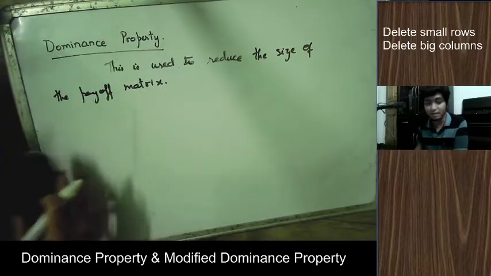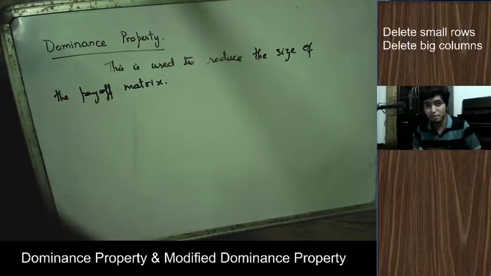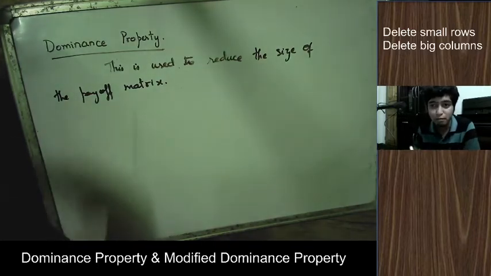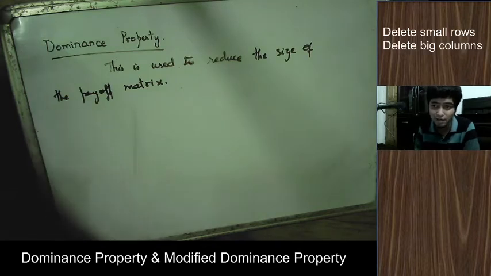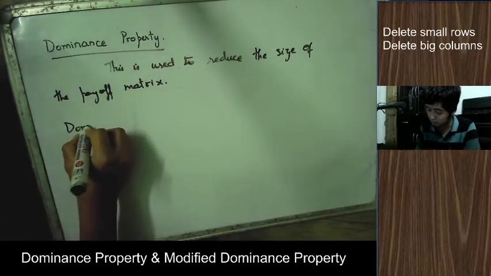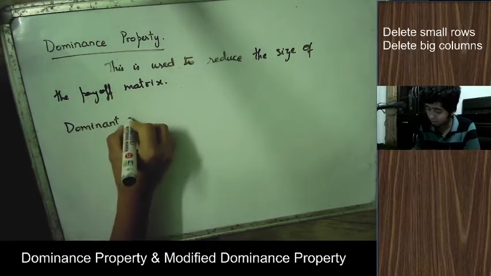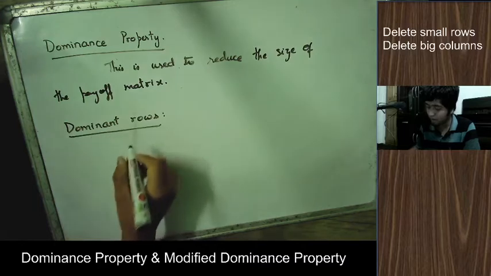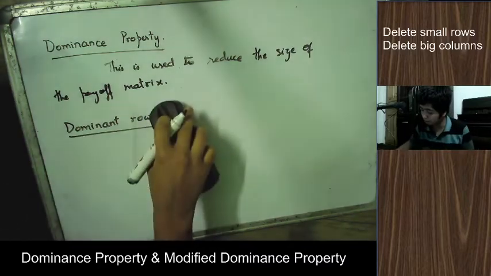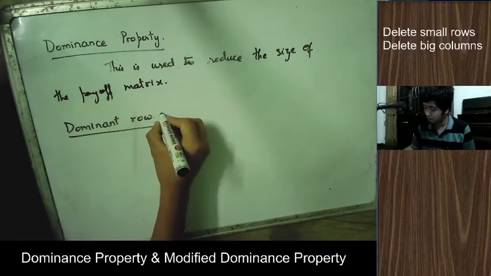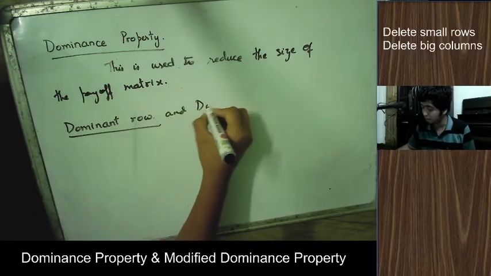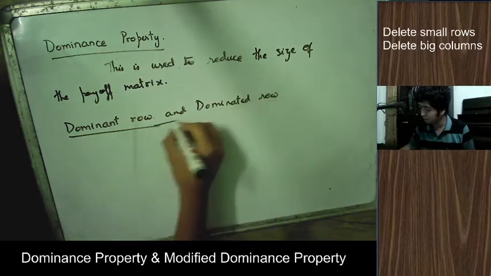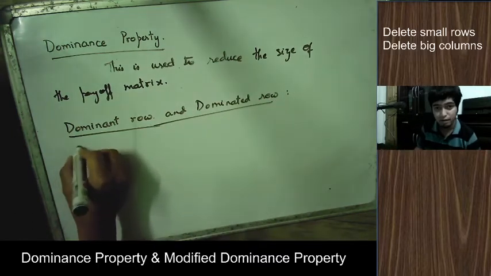But if you want to write it properly, we can state the dominance property like this. First, we will have to define what the dominant rows and the dominated rows are.